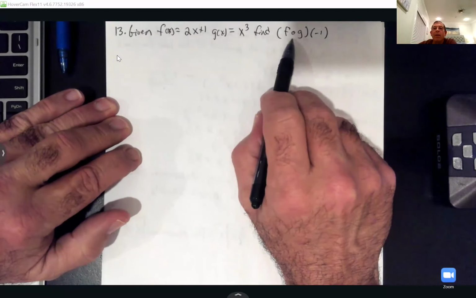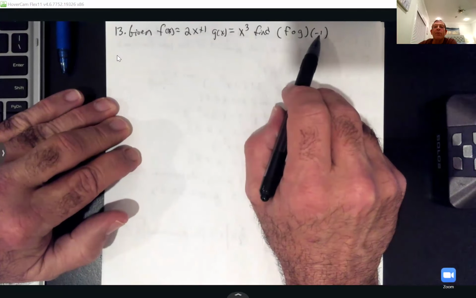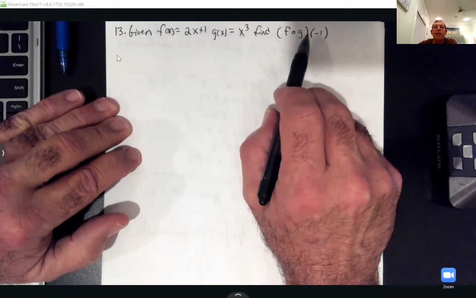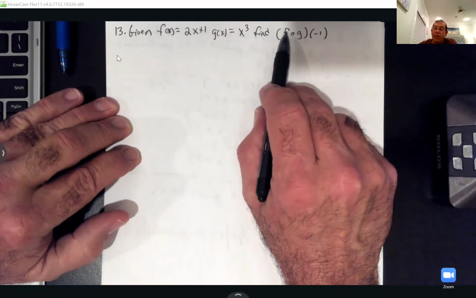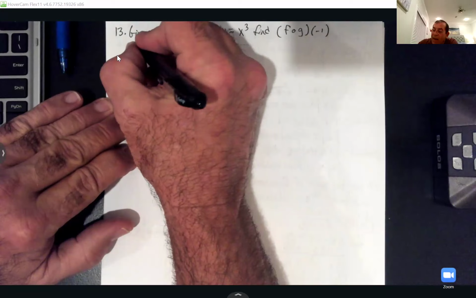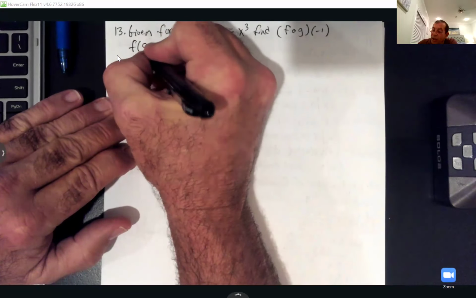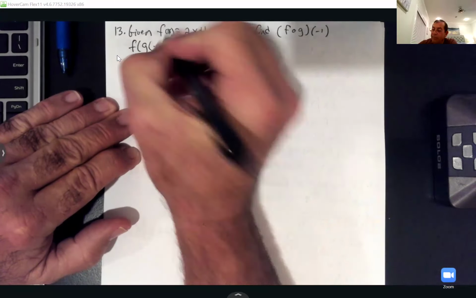Now remember, compositions, this is where I put the -1 into the g, get that answer, and put it into the f. So it's like we're finding f of a g of -1.